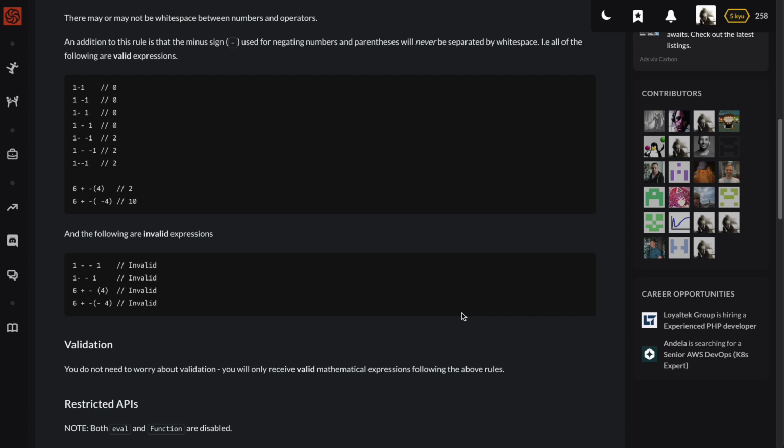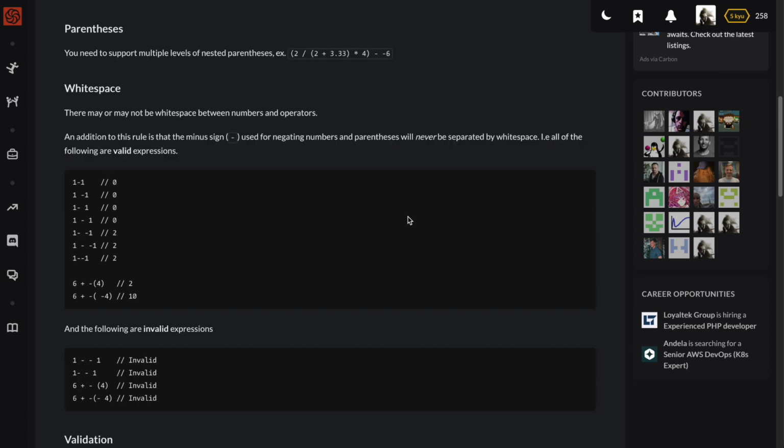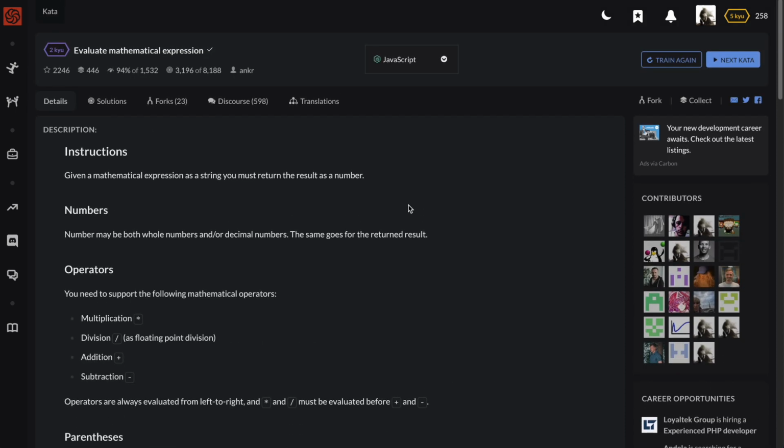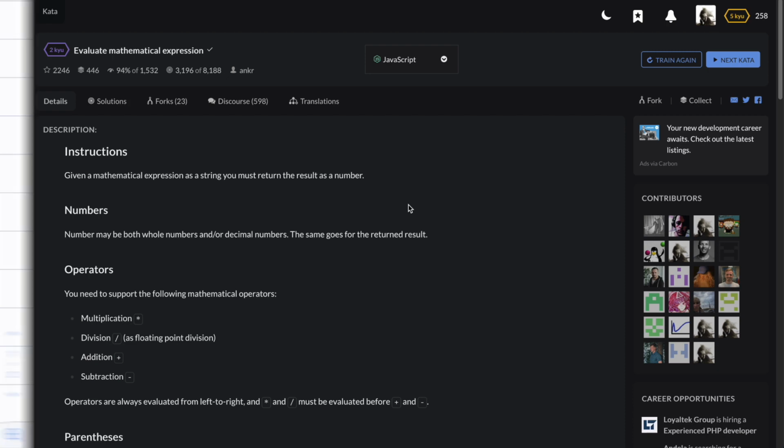So if we actually use those functions within our code, it will be rejected. So I encourage you to take a look at this problem yourself in greater detail, but I think it's a pretty straightforward problem. So let's go ahead and start with an algorithm for how to solve this.